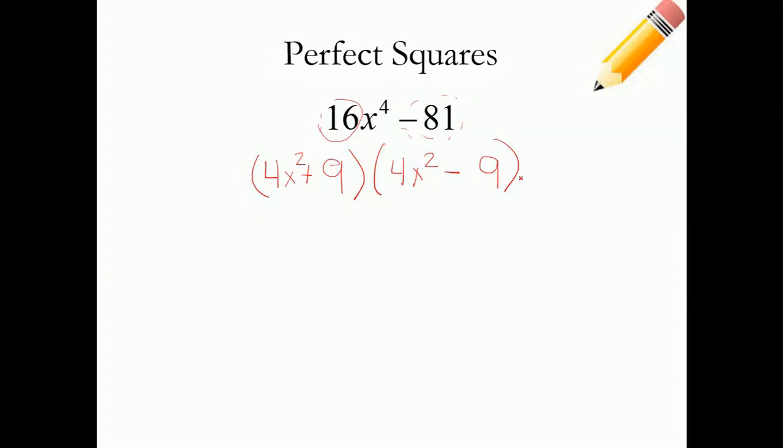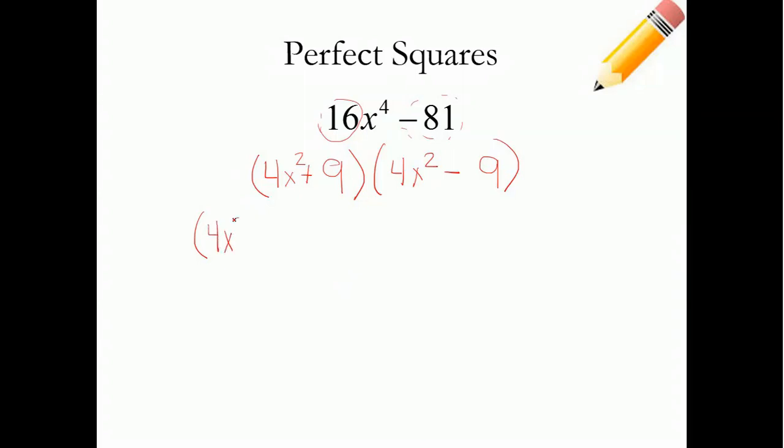But now, notice, am I done? 4x squared plus 9 and 4x squared minus 9. Well, 4 and 9 are both perfect squares, and I have a subtraction sign here. This second piece can break down, not the first piece because it has a plus, but this second piece, let's break it down further.